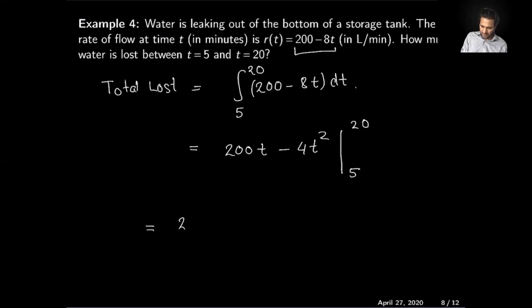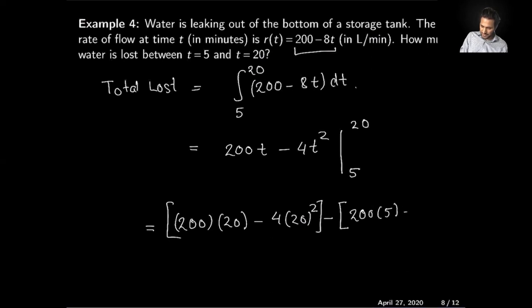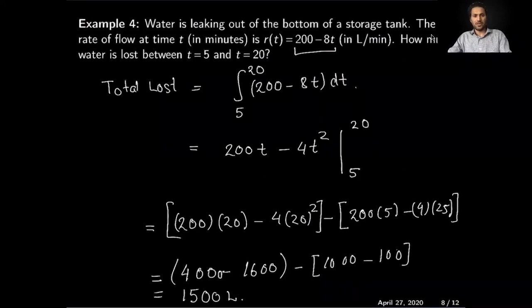So if you plug in the upper limit, this is going to be 200 times 20 minus 4 times 20 squared, minus, if you plug in the lower limit, 200 times 5 minus 4 times 25. After the simplifications, the total loss of water will be the upper limit minus the lower limit.